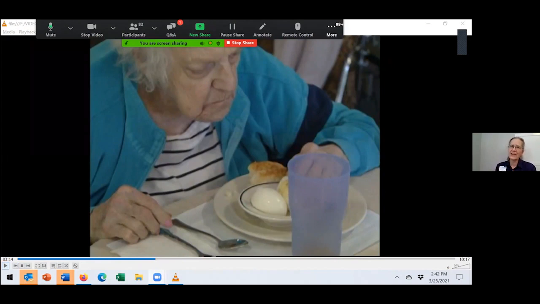Now, what's happened in two situations of the three? Where was the biscuit placed? On the plate in relationship to the person. On the front side.